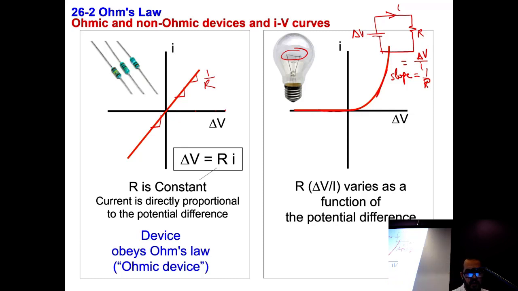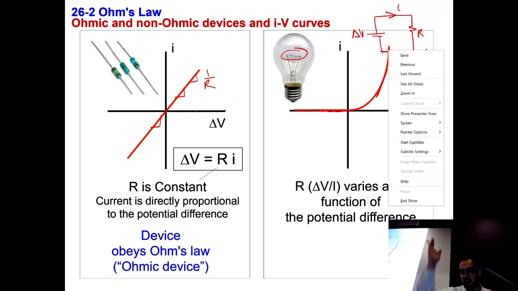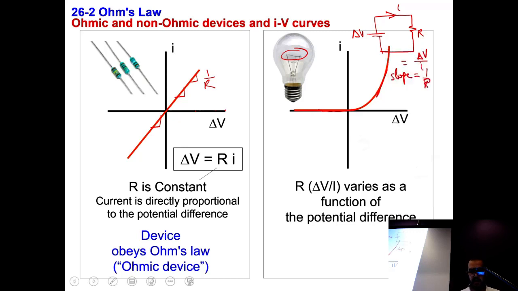Here, the slope is 0, meaning the resistance is very large, almost infinite. And here, the slope is very high, meaning the resistance is very small because the slope is 1 over R. Because the resistance is varying with the potential difference, we say this material is not ohmic.